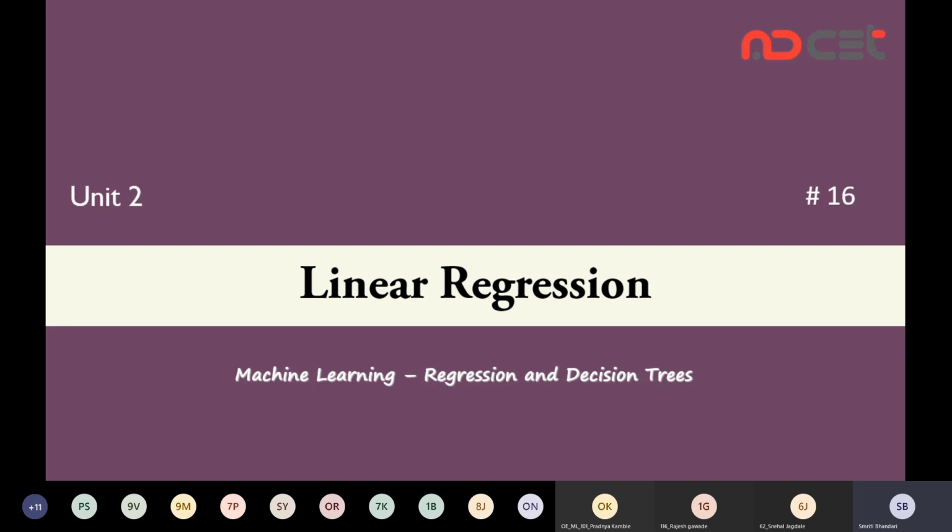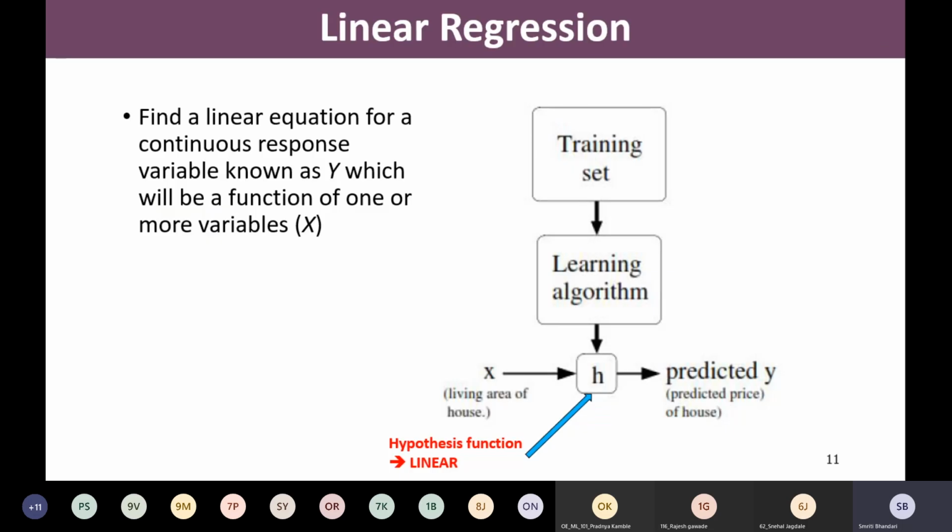And under the linear category, we have started discussing linear regression, right? So let us see once again what we mean by linear regression. We have gone through the simple block diagram depicting the process of regression. So we have the training set, and we have some learning algorithm.